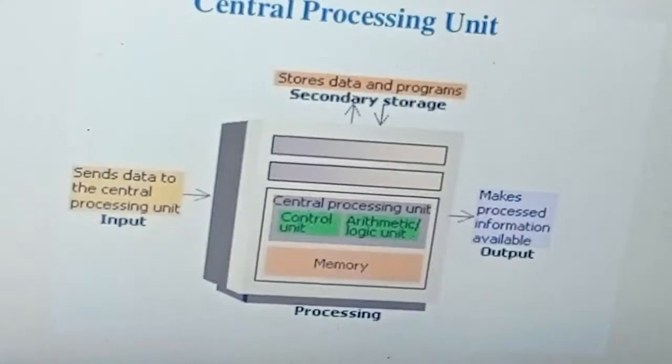The first step and second step are together called instruction time.